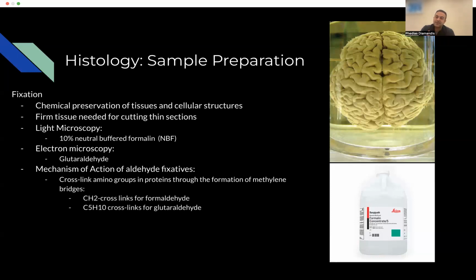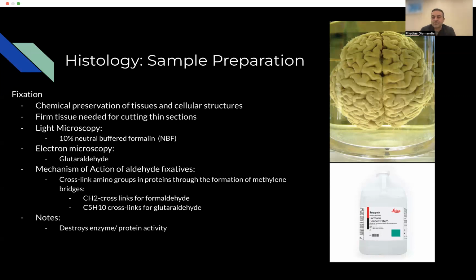The cross-links vary depending on the aldehyde used. In formaldehyde, you have these CH2 bonds, whereas in glutaraldehyde, you have C5H10, so longer carbon backbones that are connecting proteins to proteins. It may be self-evident, but once you do this, you've basically destroyed the enzyme and protein activity of the cellular constituents.